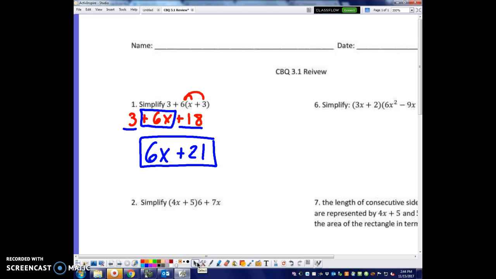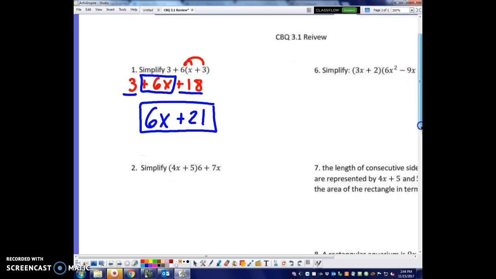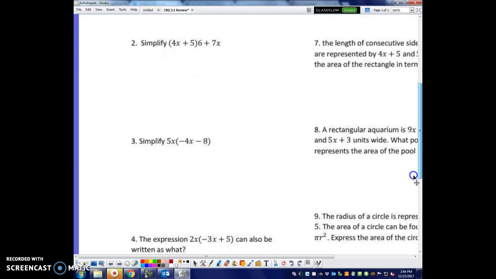Okay. Now let's look at number 2. Number 2 says, simplify this. Now even though the number's in the back, you're still going to multiply it, okay? Just the same as normal. So 6 times 4x is what? 24x. 6 times 5 is what? 30.